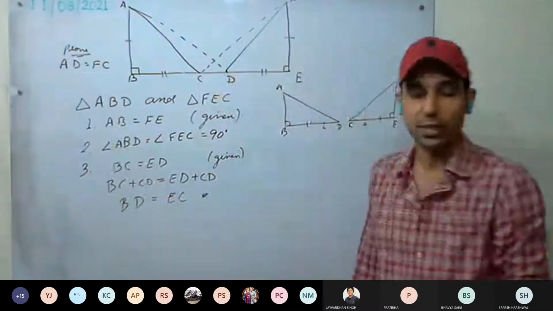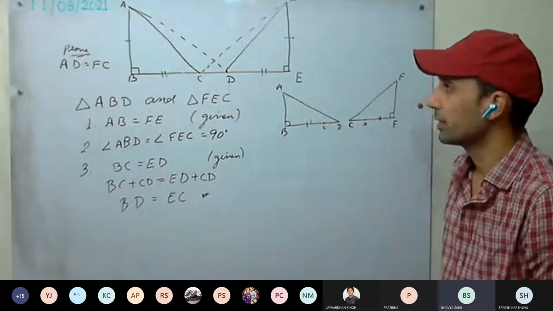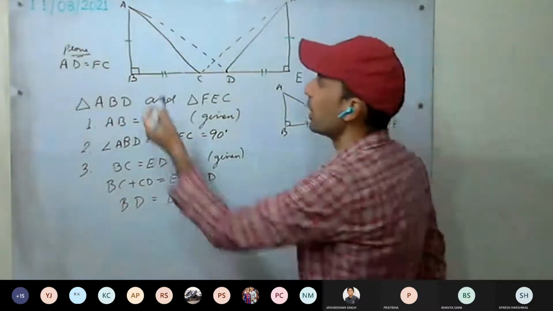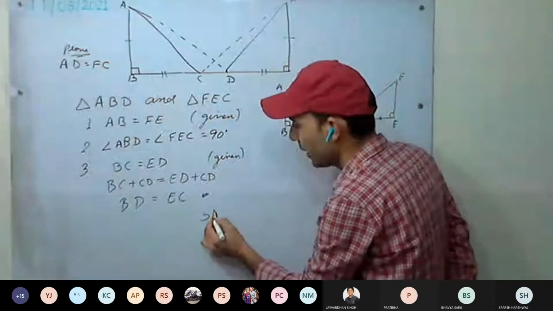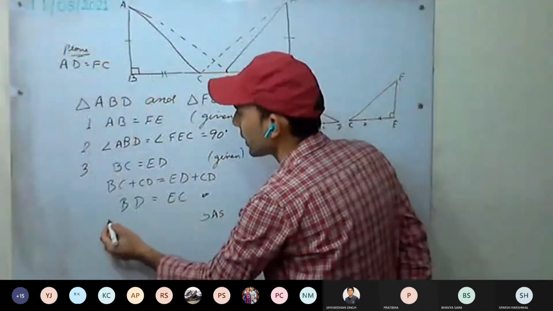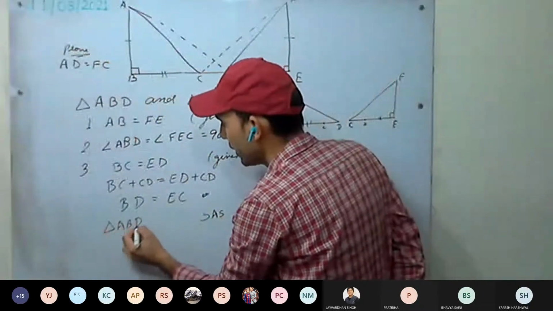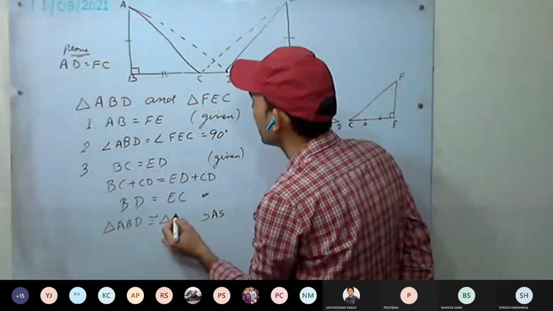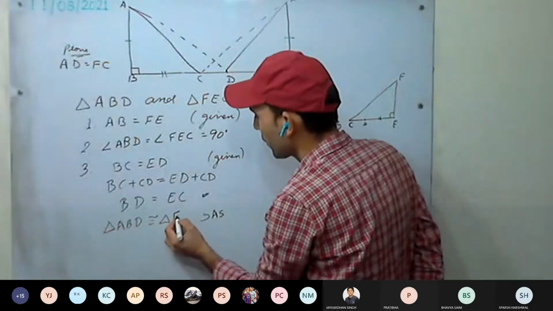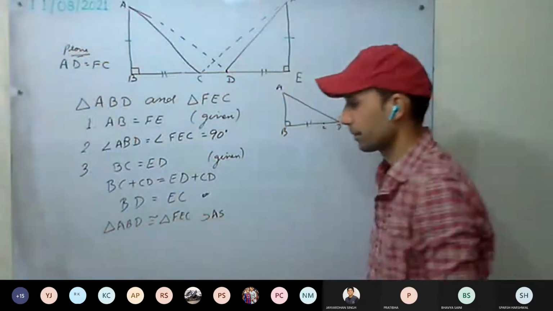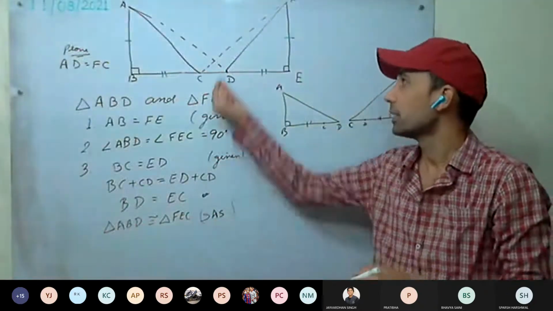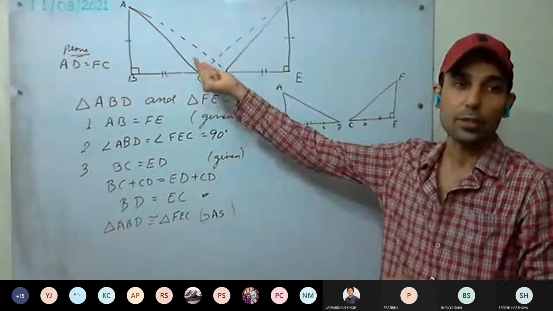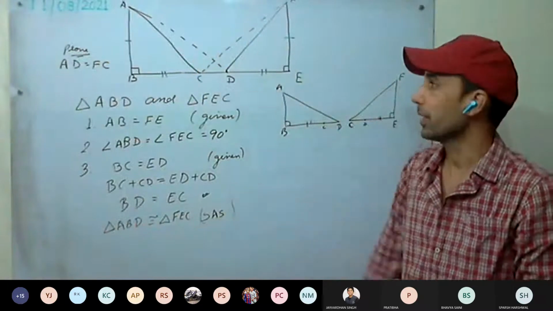Which criterion have we used to prove them congruent? SAS. By the SAS theorem, triangle ABD is congruent to triangle FEC. As they are congruent, the corresponding sides will be equal.